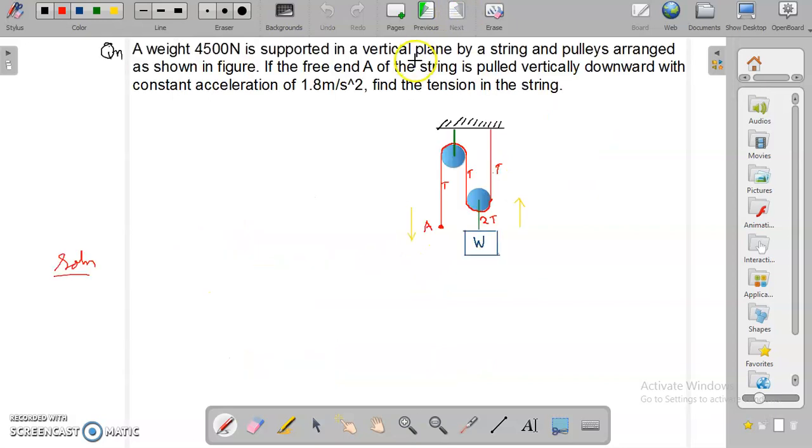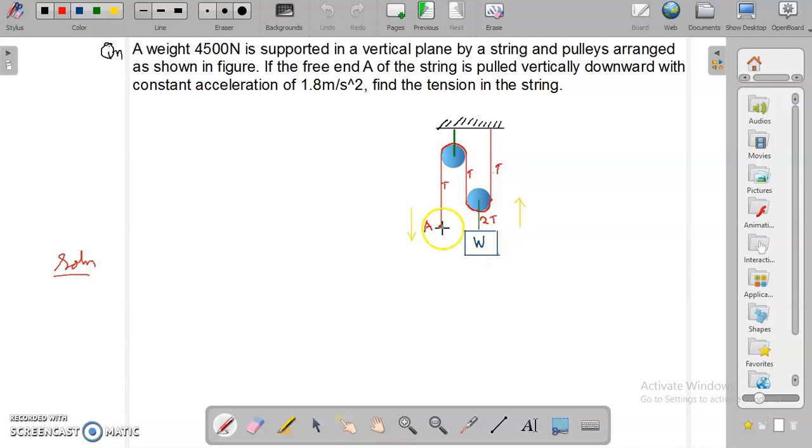Next, a weight of 4500 Newton is supported in a vertical plane by a string and pulley arranged as shown in the figure. If the free end A of the string is pulled vertically downwards with a constant acceleration of 1.8 meters per second square, find the tension in the string. There is a pulley system arranged here, and this is the movable pulley and this is the stationary pulley.